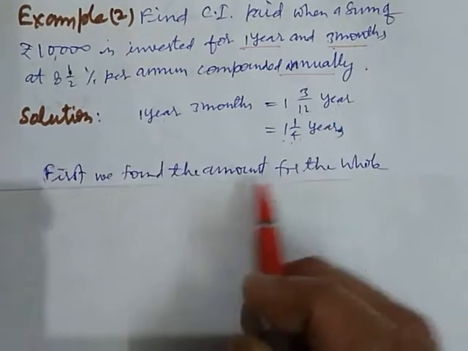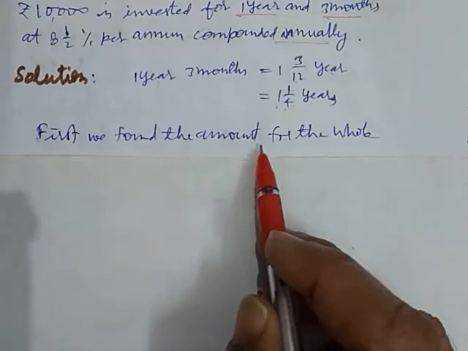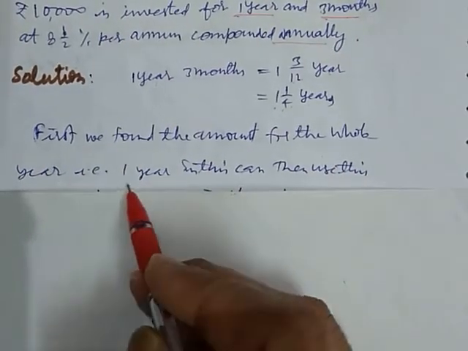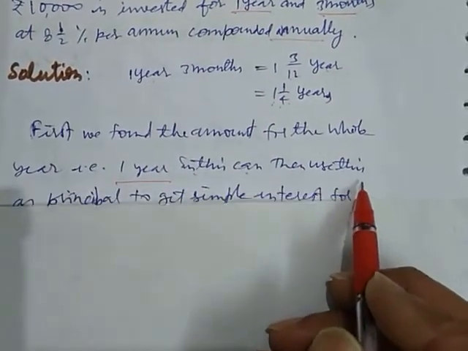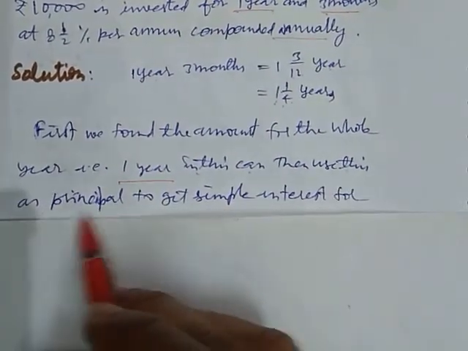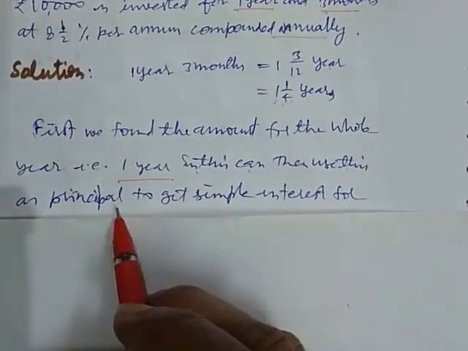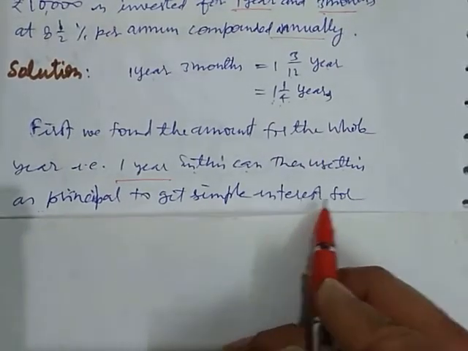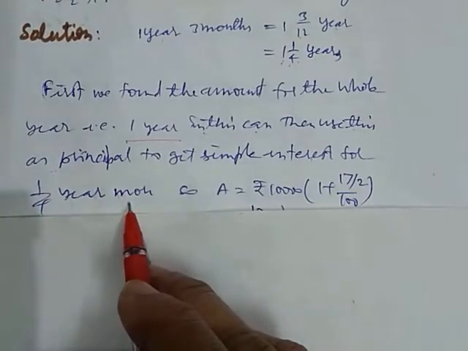Concentrate on this. First we find the amount for the whole year, that is 1 year. Then we use this amount as principal to get the simple interest for 1 by 4 year more.